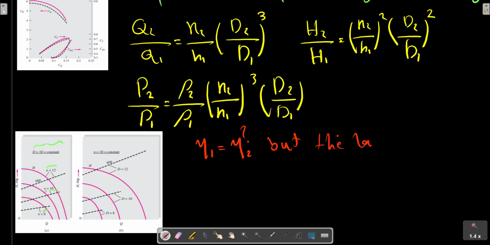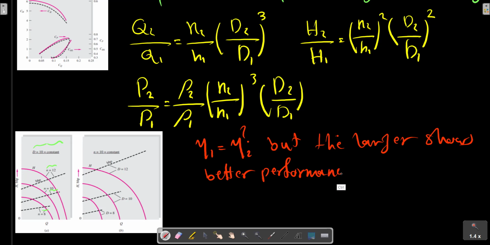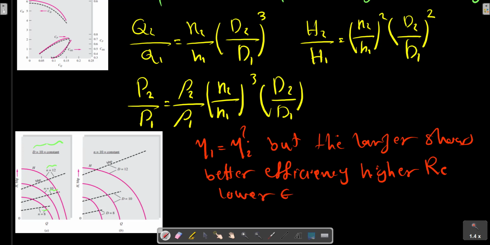The larger pump shows better performance, efficiency, due to higher Reynolds number and lower epsilon and clearance ratio.